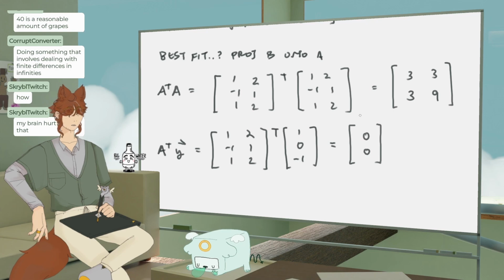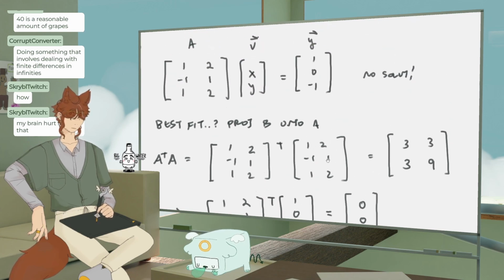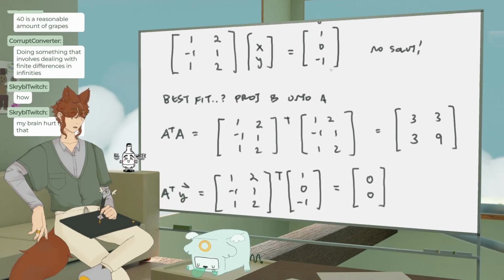Oh, I need the int. It's just gonna be 0. Okay, I think I might have done something wrong. I don't need an orthogonal basis for this. I mean, I guess I could make it orthogonal, if I so chose.